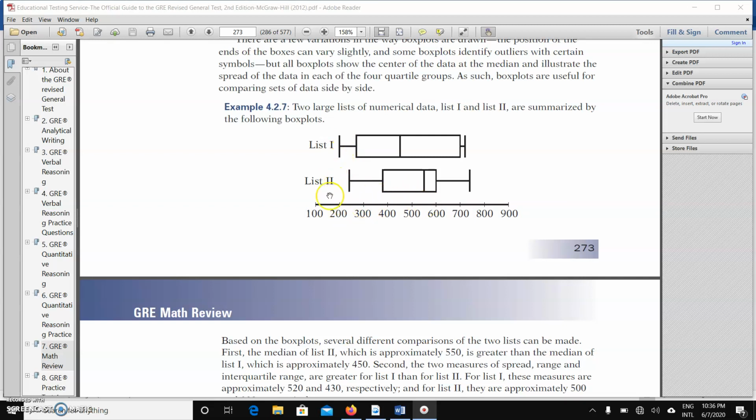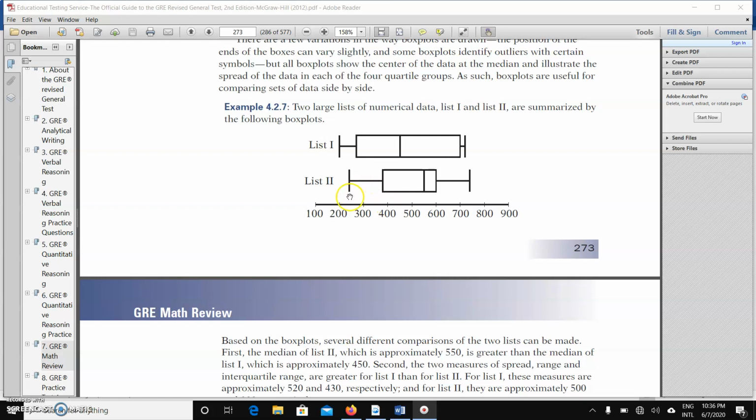The same thing happens to the lower one here. The greatest number here is going to be 750 or so. This is your Q3, 600, middle number around 550. I'm not sure, but when you trace it down, this will be your Q1, that will be 380 or 390.